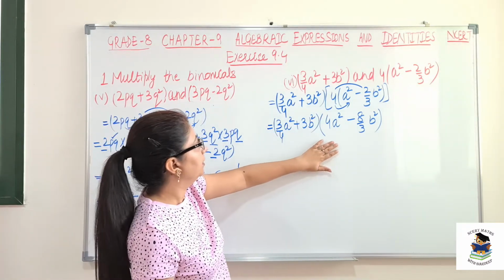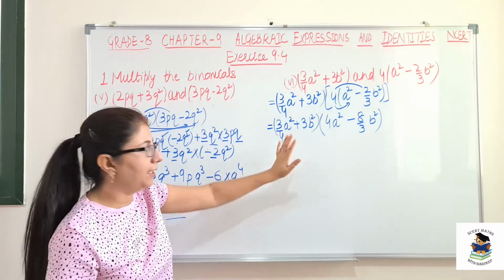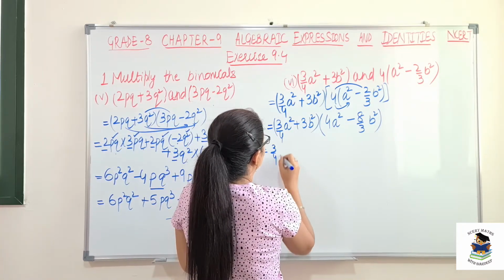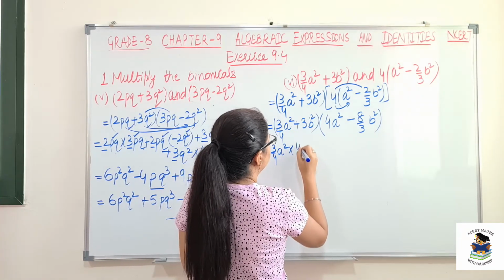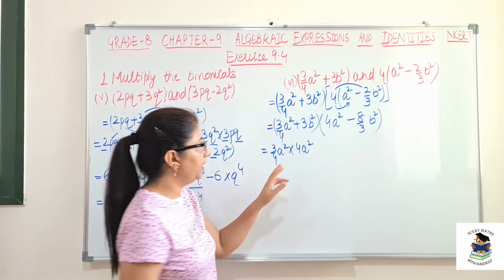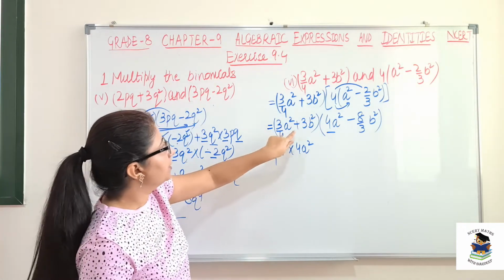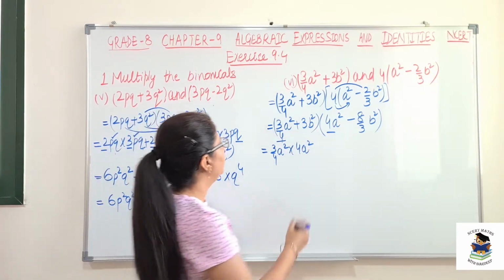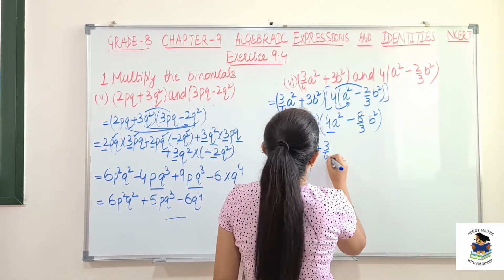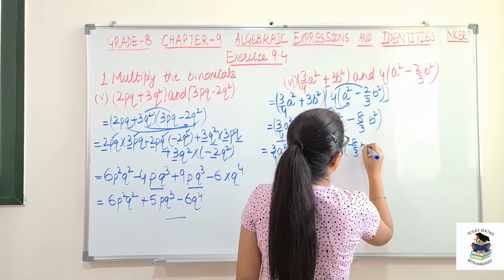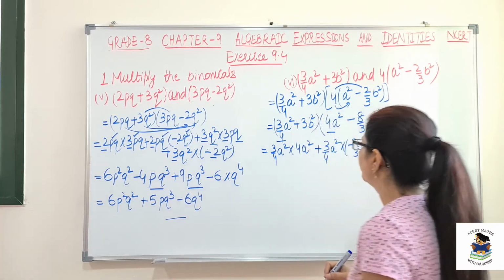So now we got our two binomials and we will start multiplication. That is 3 by 4 a square should be multiplied by 4a square. This with this. Okay. Now first with second we will have plus 3 by 4 a square multiplied by minus 8 by 3 b square.